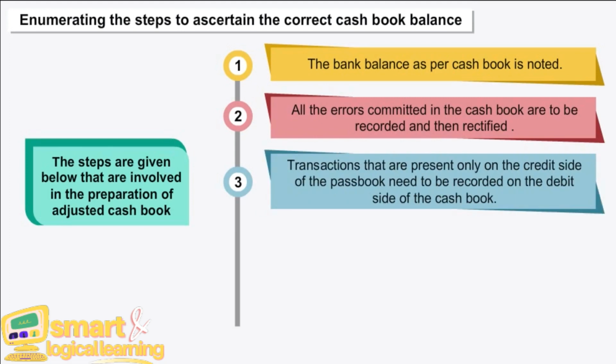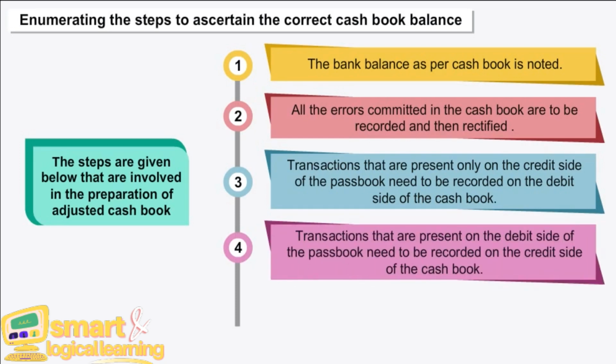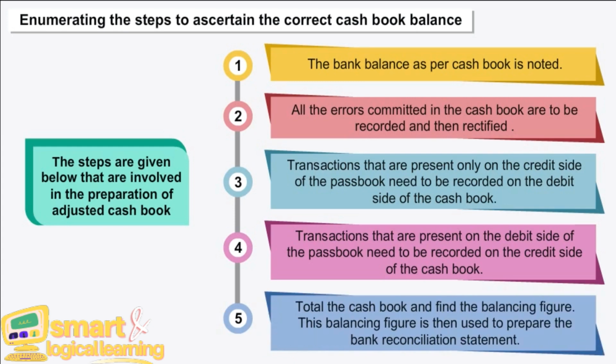Transactions that are present only on the credit side of the passbook need to be recorded on the debit side of the cash book. 4. Transactions that are present on the debit side of the passbook need to be recorded on the credit side of the cash book. 5. Total the cash book and find the balancing figure. This balancing figure is then used to prepare the bank reconciliation statement.